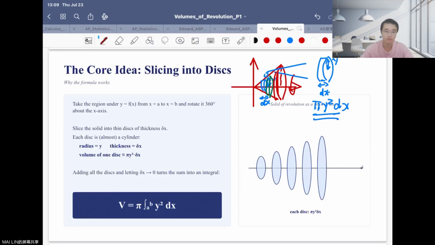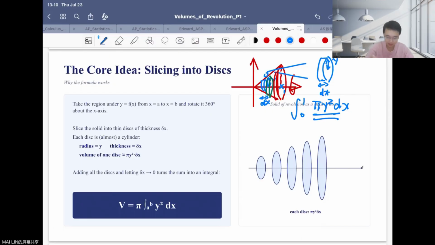Adding their volumes together gives the cone. So we add them together, from 0 to 1 of pi y squared dx. That is the basic idea.